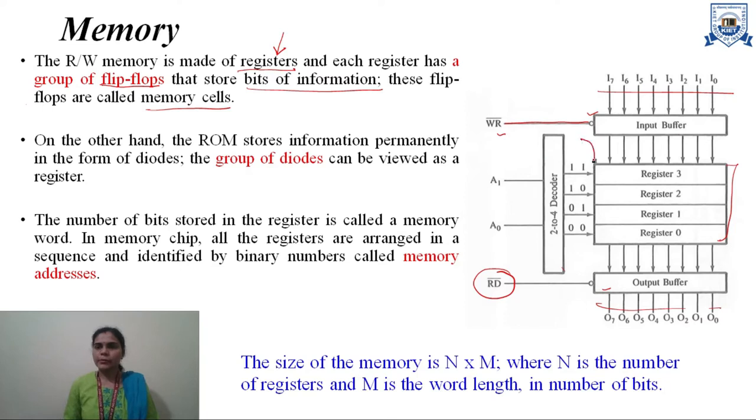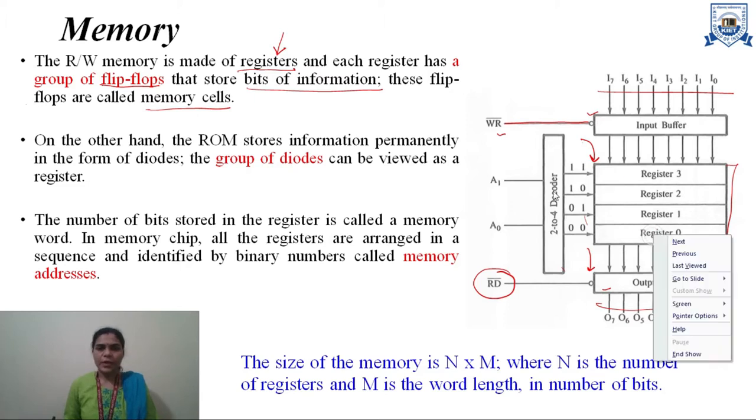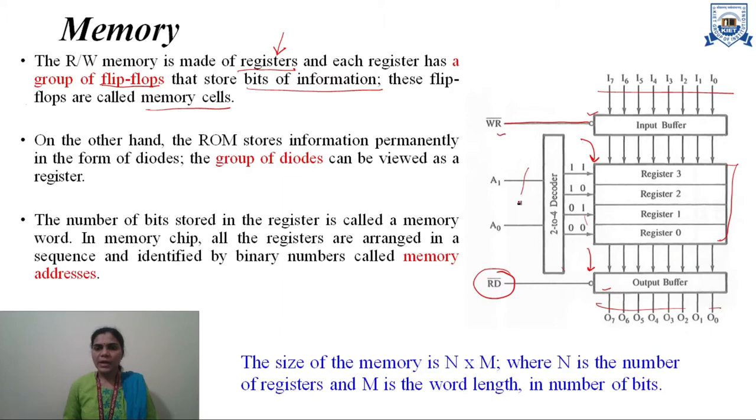Data will be written to the registers and read from the registers, and we have to uniquely identify these registers. So we have some address lines. Addresses will be in the form of bits. So we require a decoder so that the address bits can be decoded into one of the locations, or we can say one of the registers.